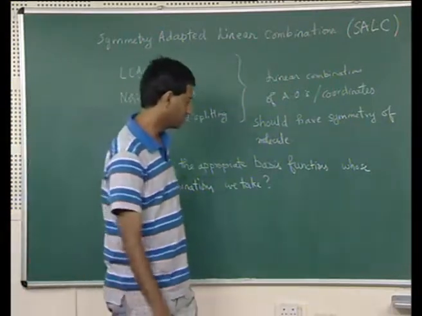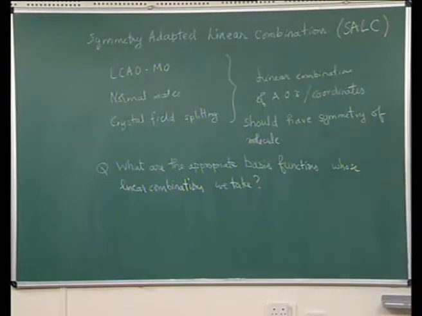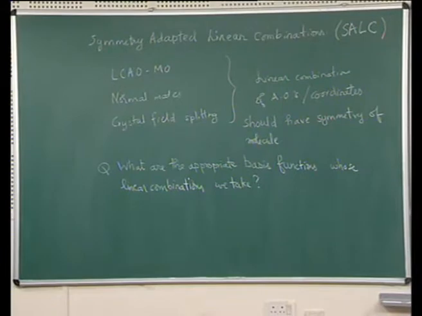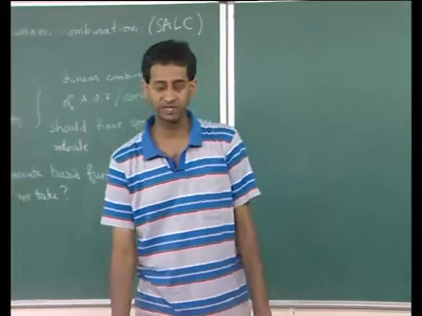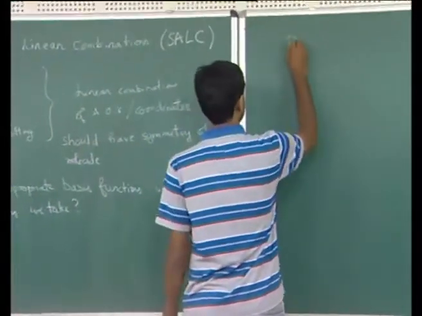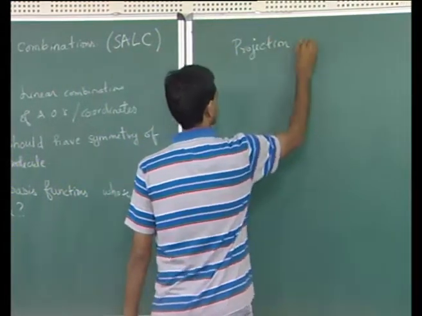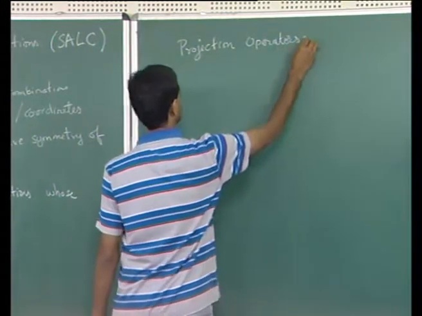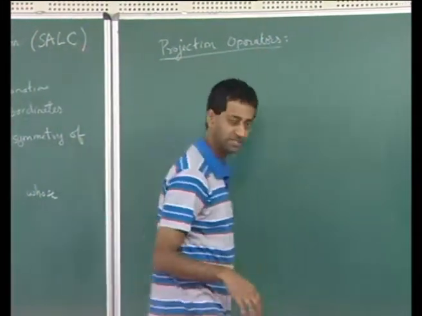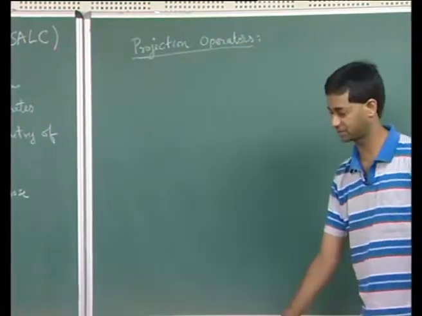Now, in order to work out these symmetry adapted linear combinations, we shall use a very useful concept which you have seen before when you were doing vectors. That is called the projection operators. You might have seen this in quantum mechanics. You have definitely seen projections when you were dealing with vectors.